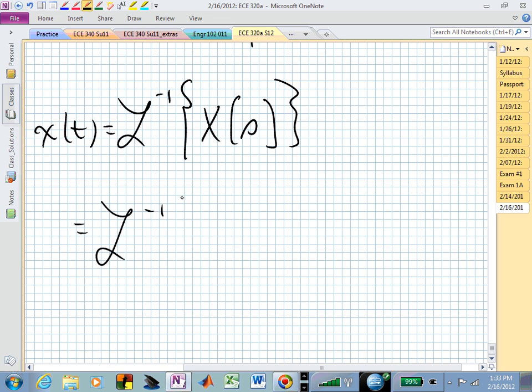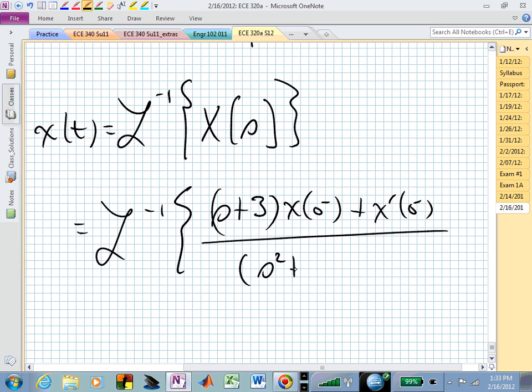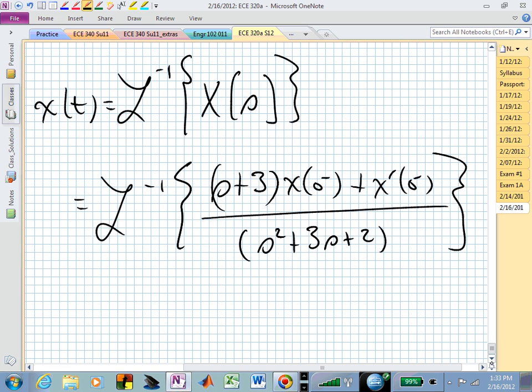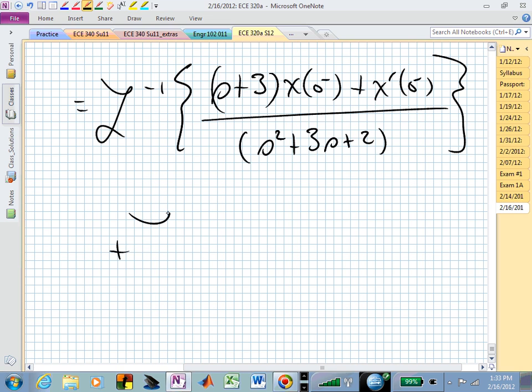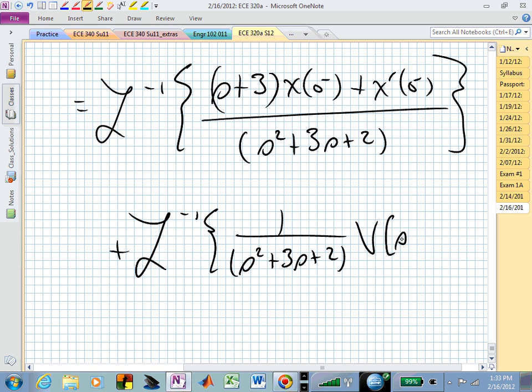We have the inverse Laplace transform of (s plus 3) times x of 0 minus, where x of 0 minus is just the initial condition on x at 0, plus x prime of 0 minus, all over s squared plus 3s plus 2, plus the inverse Laplace transform of 1 over s squared plus 3s plus 2 times V of s.